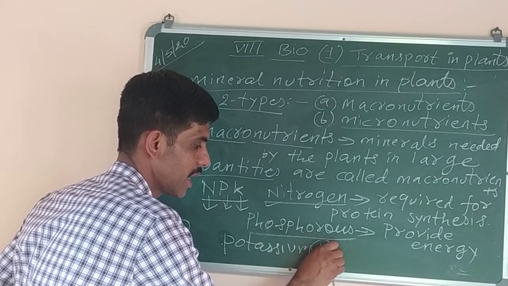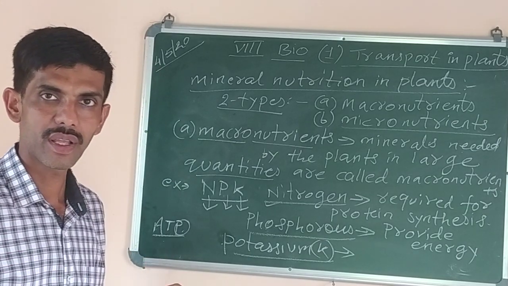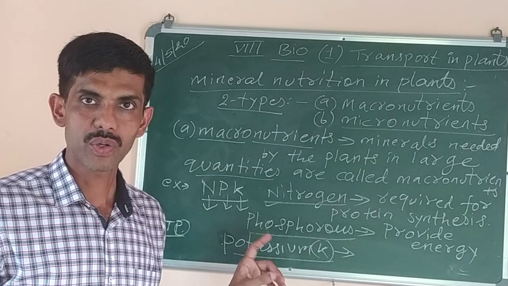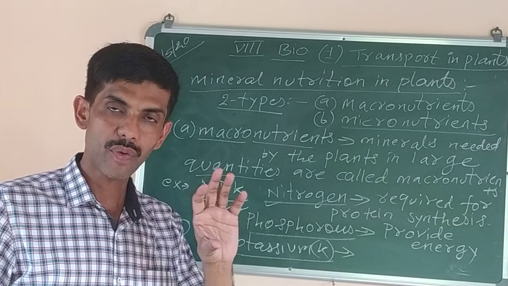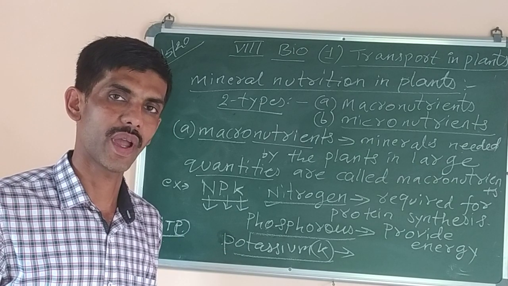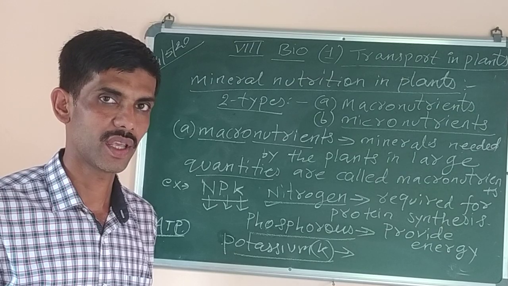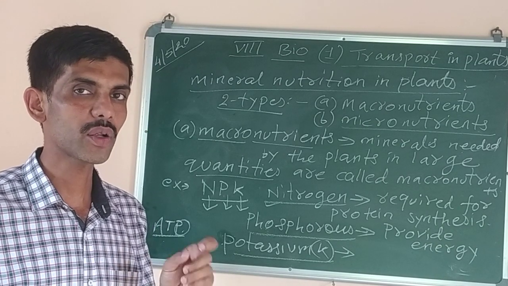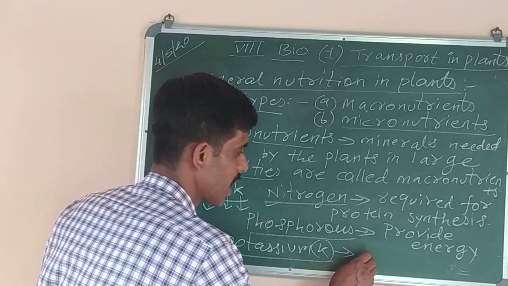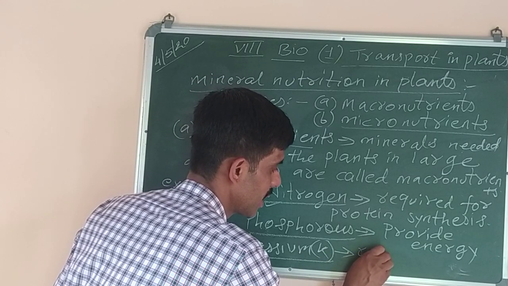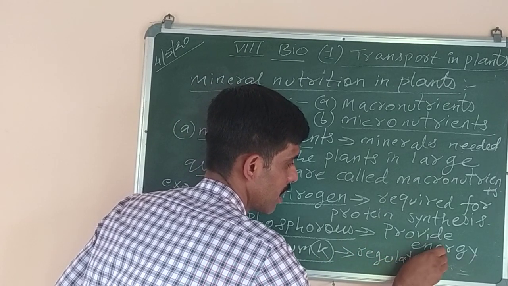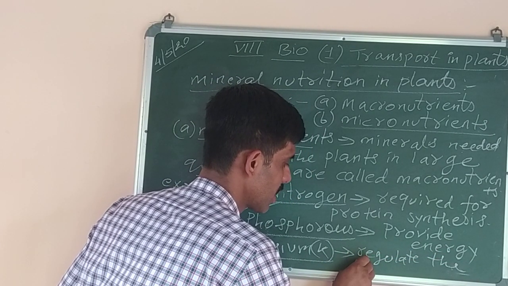The symbol is K. Potassium is needed in the plants to help in the process of opening and closing of stomata. There is one theory called potassium ion concentration theory, which regulates the opening and closing of stomata. So I will write here: regulate the opening and closing of stomata.